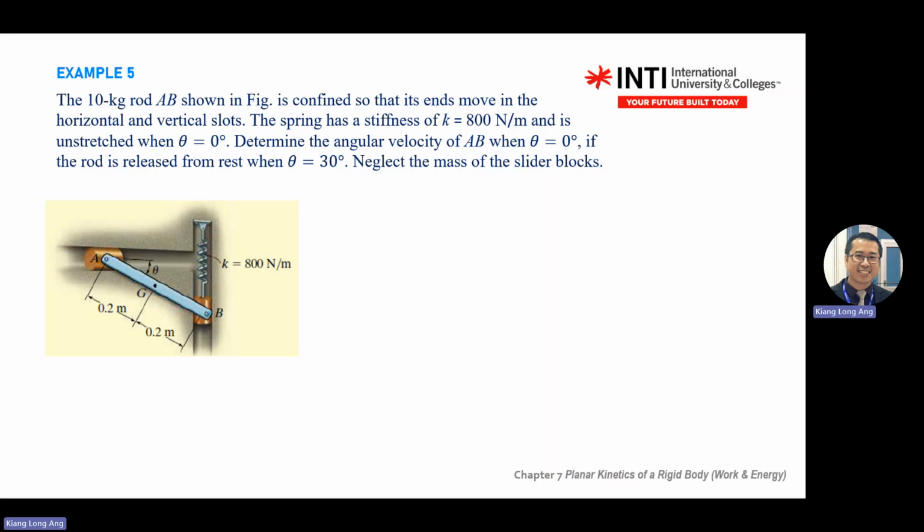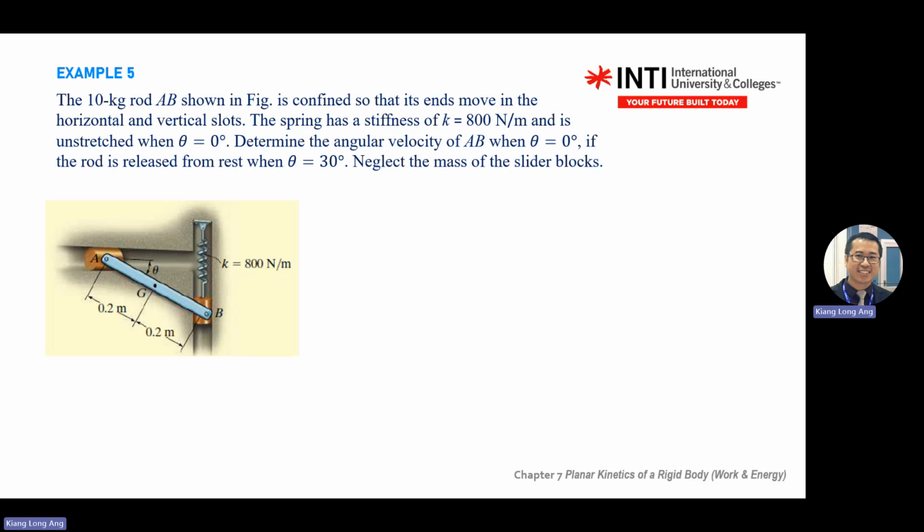Okay, now you have this system, you know that this got the spring system, central gravity. This one move in the linear form, transition. So you're given mass, confined, spring stiffness given when stretch 0 degree. Determine angular velocity of rod AB when theta equal to 0.